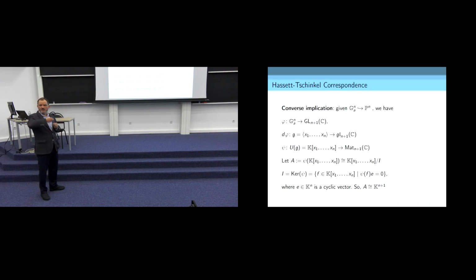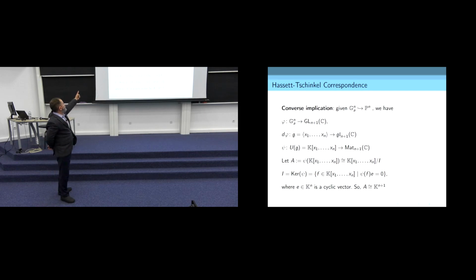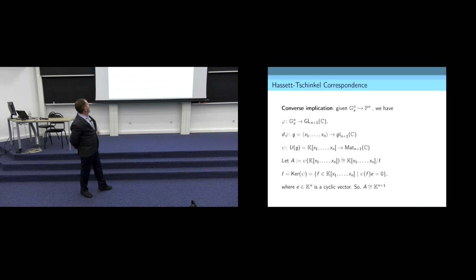And it's easy to see that any embedding of a unipotent group into PGL can be lifted to GL_{n+1}. So we have such a linear representation. Then I take the differential of this representation. It will be a representation of the corresponding Lie algebra. But I'm sorry, the group is commutative, so the Lie algebra is commutative. This is just a vector space. And the image of this representation will be a set of pairwise commuting nilpotent operators.